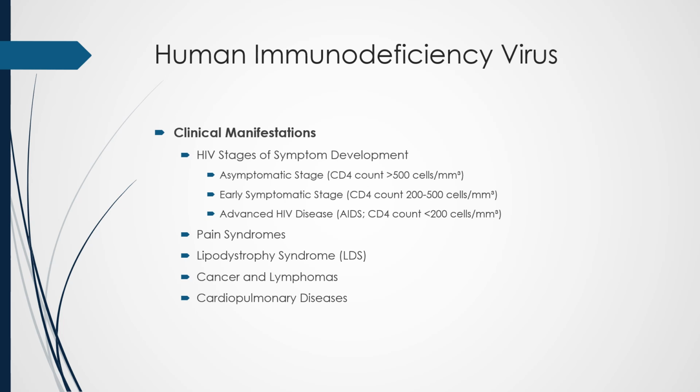Also rheumatologic conditions like polymyositis and arthritis. Lipodystrophy syndrome, which is characterized by fat metabolism defects, dyslipidemia, insulin resistance, and fat redistribution, where there's a loss in arms, legs, and face, and accumulation in abdomen, breasts, and neck.